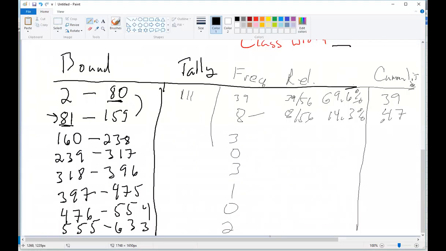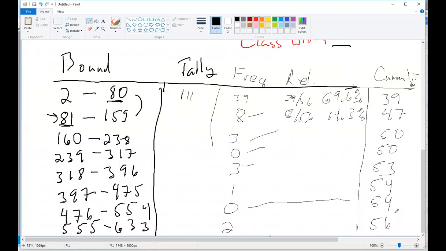And then I'm going to add 3 more, because that's what's in the next bin. So that makes a total of 50. And then the next one, there's none in that bin, so that's still at 50. Then I add in the 3 to make it 53, add in the 1 to make it 54. I still have 54 because there's nothing in that class. And add the last 2, I've got 56, which is what I'm supposed to have.